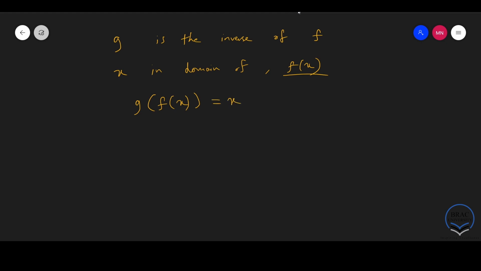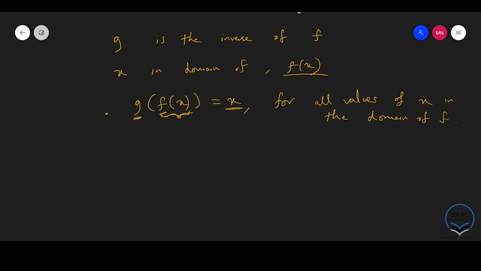If I have some x that I input into my function f, I will get the output f of x. And if I input this output into my function g, I should just get the very first input that we began with, which is x, right? And this is for all values of x in the domain of f.